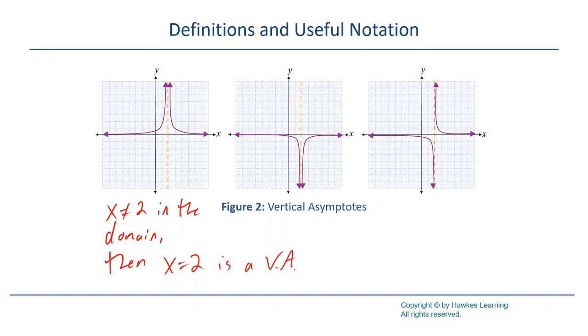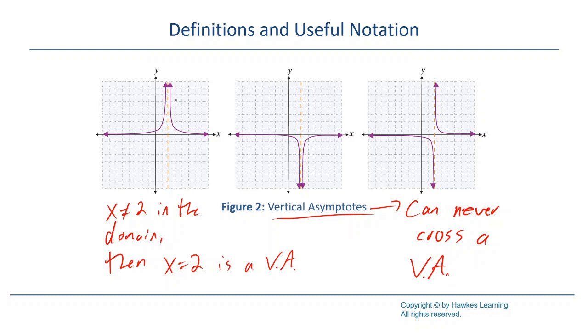But notice the key thing about vertical asymptotes: you can never cross them. And apparently I can't spell cross either. That's going to be a very key thing. You can never cross a vertical asymptote.